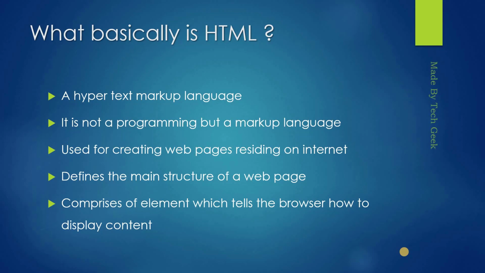Another important thing is that HTML defines the main structure of a web page. The basic structure of a web page is built through HTML. Another important point is that it comprises elements which tell the browser how to display content. HTML simply says to the browser how to display the specific content which I told you.